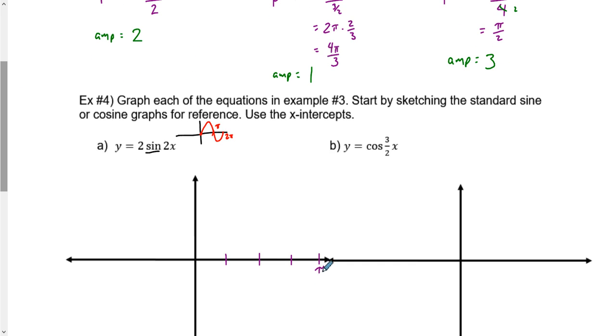So this value over here is going to be pi, which means if we split this evenly, this would be a half pi, this would be a quarter pi, and this would be a 3/4 pi. Obviously we have 0. And we'll continue backwards as well. So this would be negative pi over 2, pi over 4, negative 3 pi over 4, and pi.